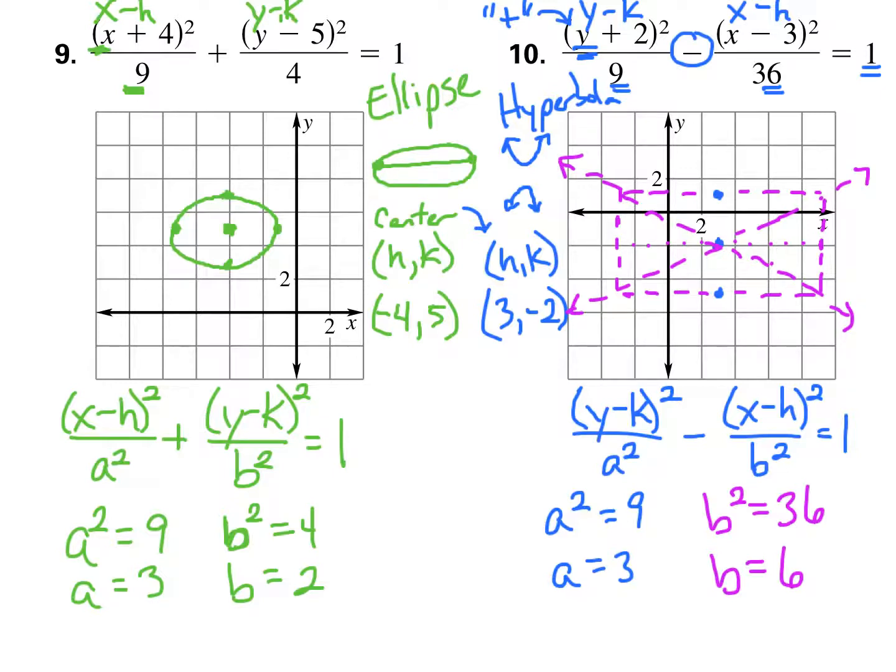So we'll switch back to blue. Start from each vertex and again approach, but don't touch the asymptotes. Do that from either side, and notice that we have nice wide hyperbola branches there. Okay, and that's it.